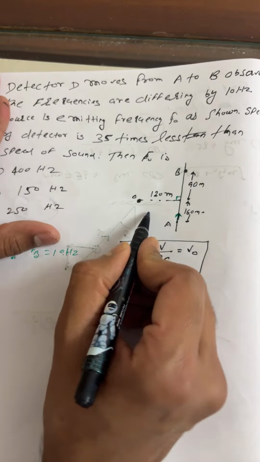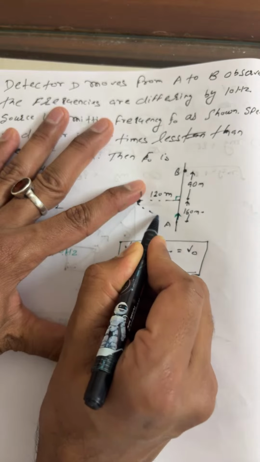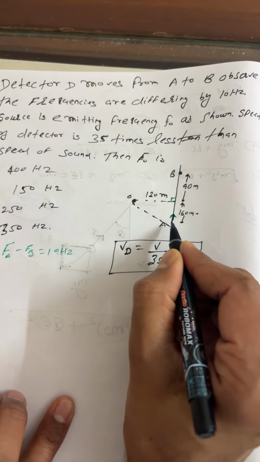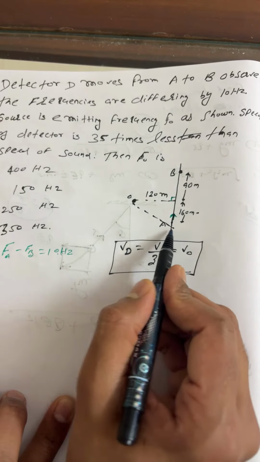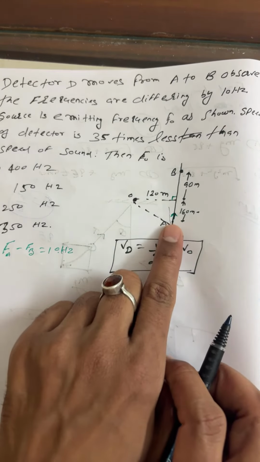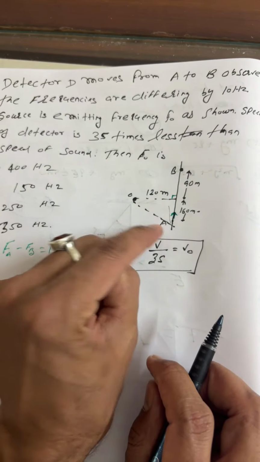If this is the source point, you are getting frequencies from here only. We first have to find this angle, because the detector moves in this direction, so it is decreasing the distance between source and detector.